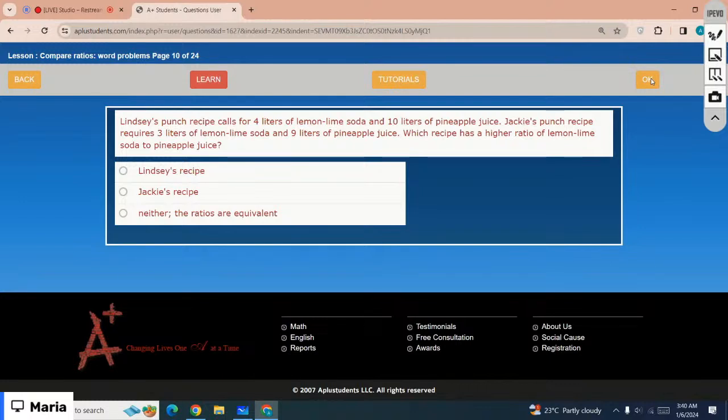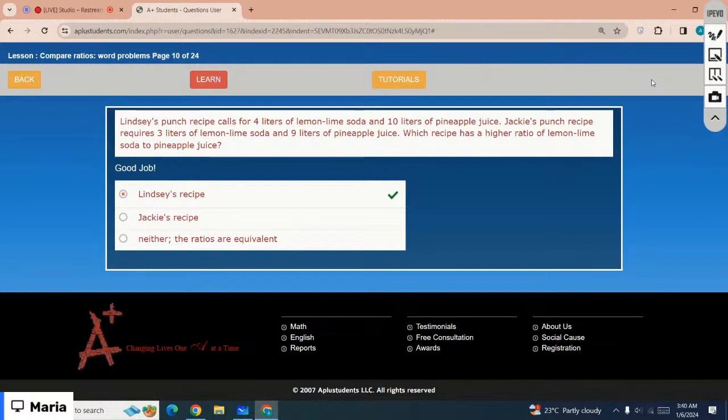So, which is the correct option? Lindsay's recipe has the higher ratio.